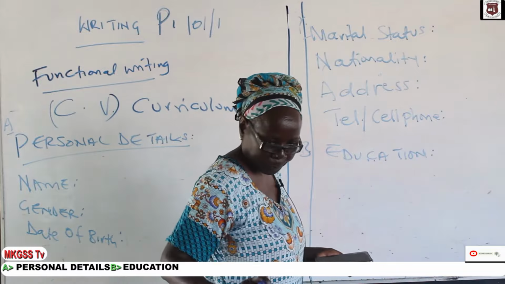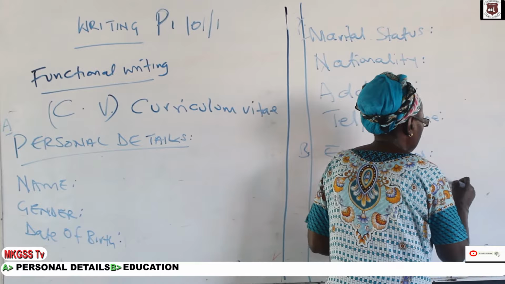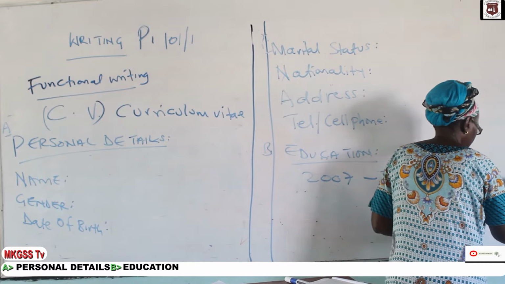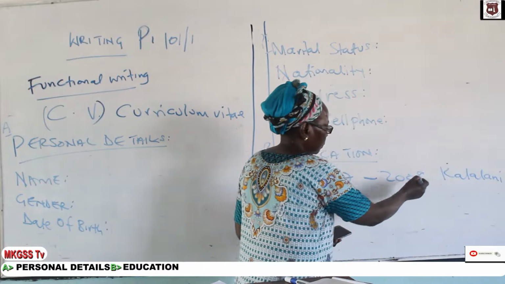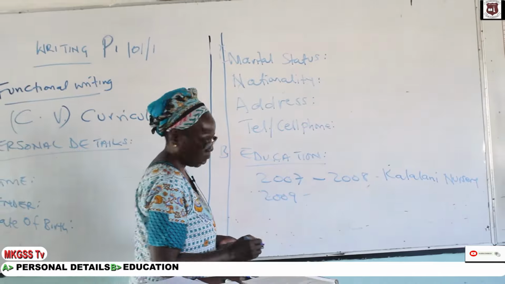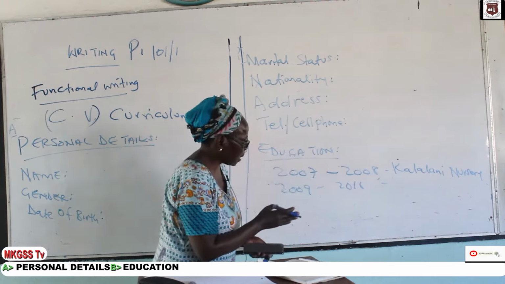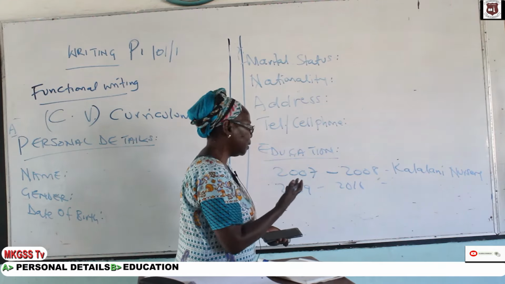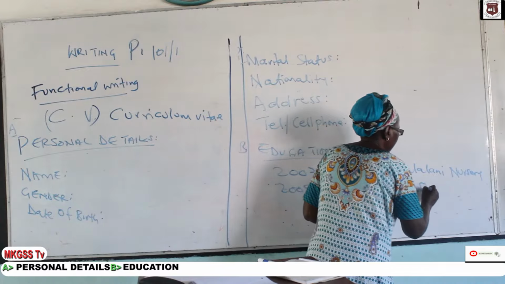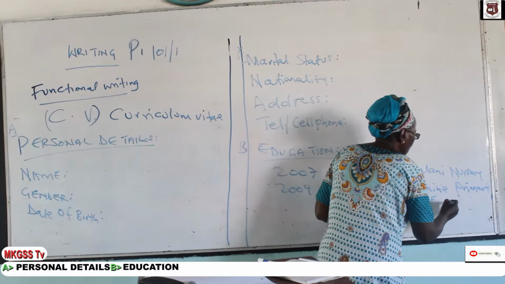So you assume from 2007 to 2008, you went to Kalalani Nursery School, and then 2009 to 2016, that is around 8 years, you went to Sunshine Primary, you did your KCPE, and you got 350 marks.